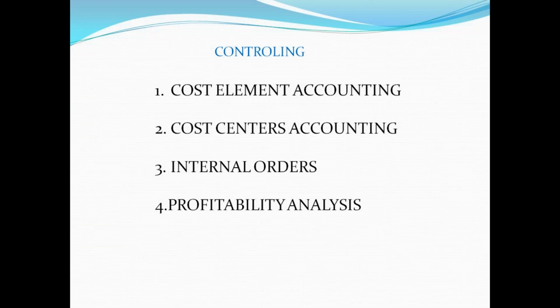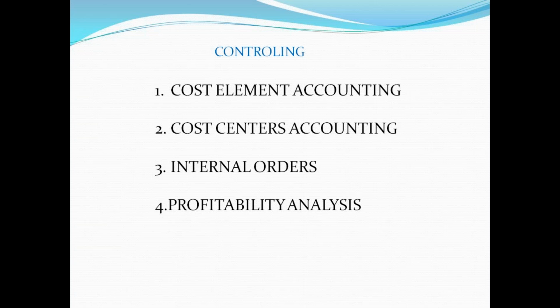Whereas the controlling module does not bind with any accounting standards or any legal entities. The reports we generate under controlling are purely for management purposes, so here we have scope to create a number of reports only for our management.